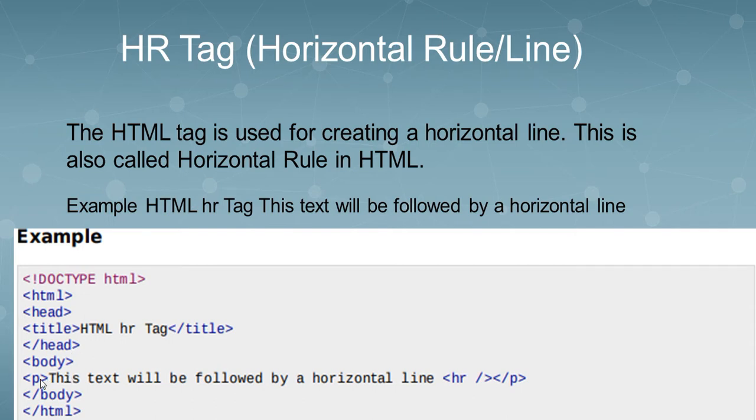We have learned this paragraph tag in an earlier lesson video. Now I am drawing a horizontal line along with this paragraph. The paragraph tag opens, followed by the horizontal line, that is HR, and the P tag closes. So what will the output be? Here we will do it practically.